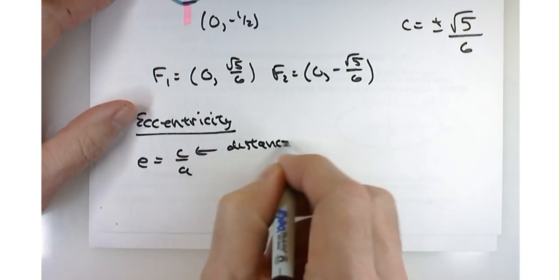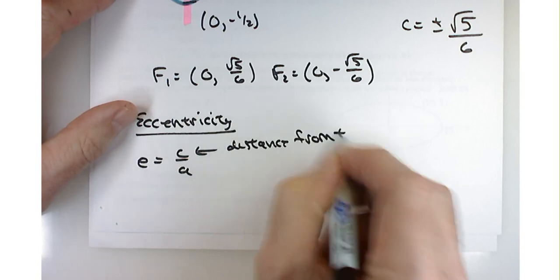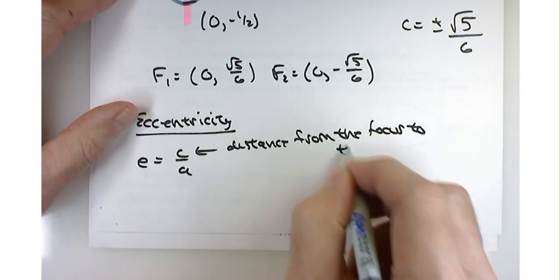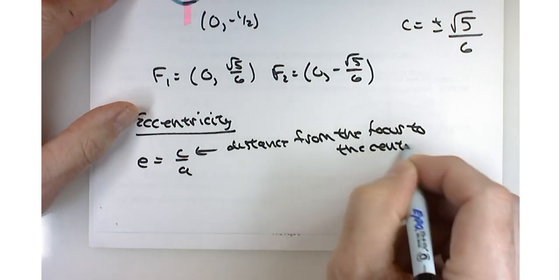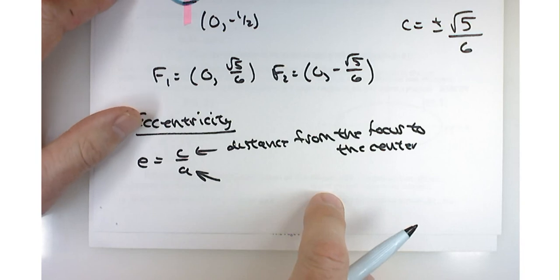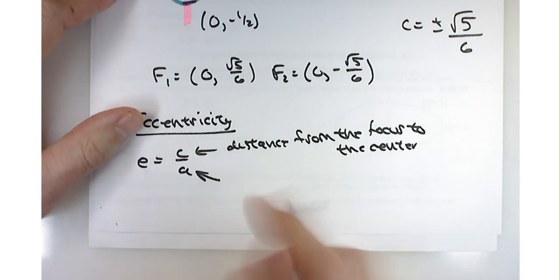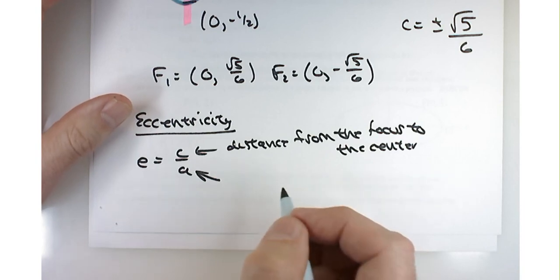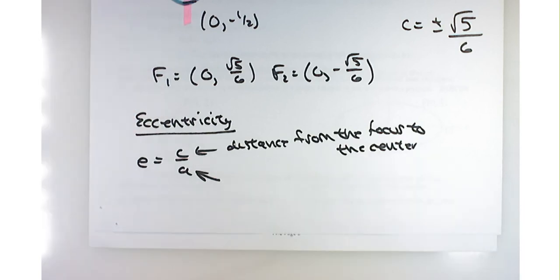And A is the distance from the center to the vertex along the larger axis. That's a better way to say it.